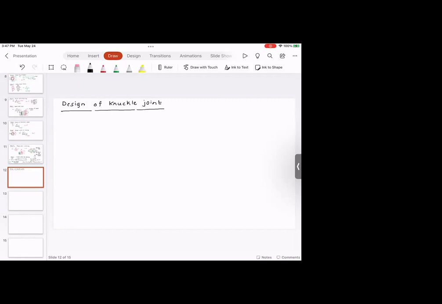So if you look at the sketch of the knuckle joint, there are some variations in this joint, but I'll show you a basic design.